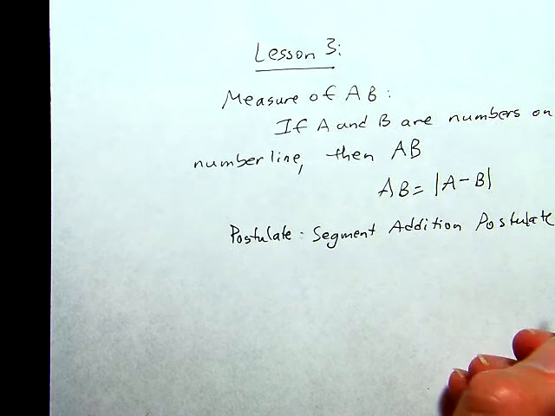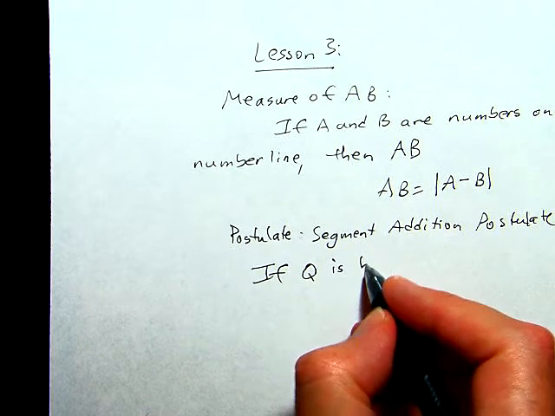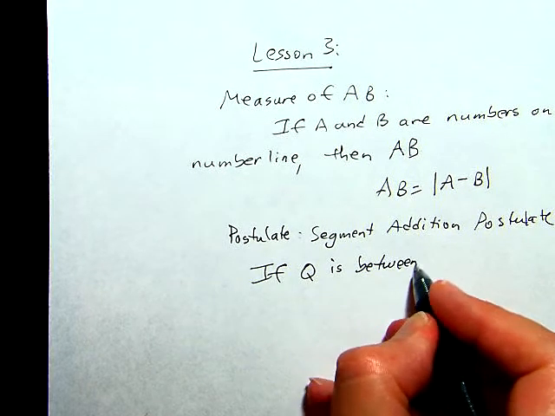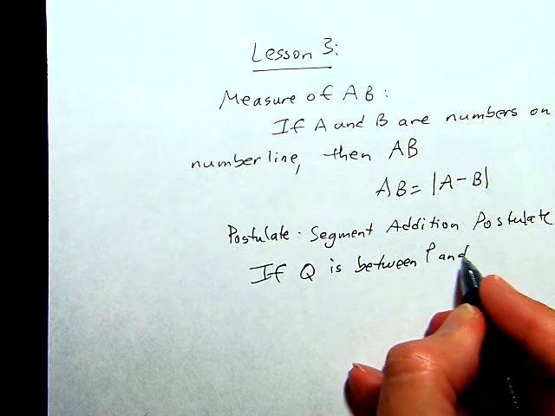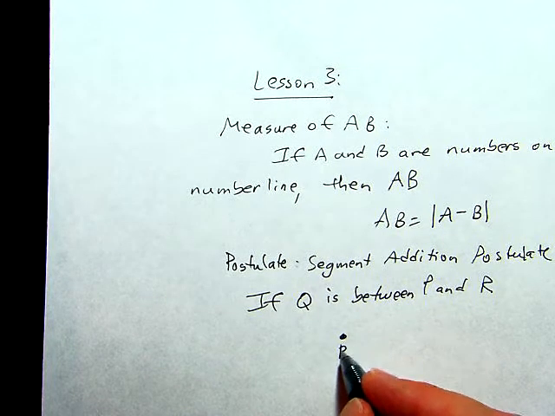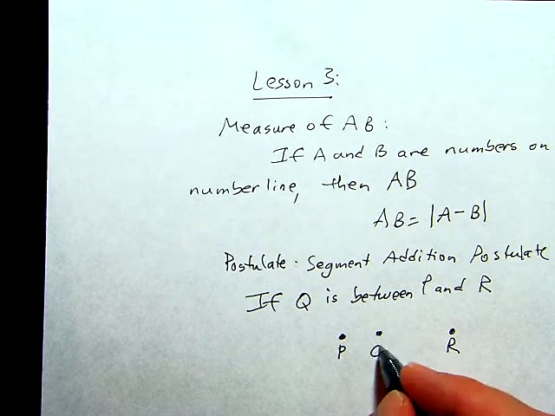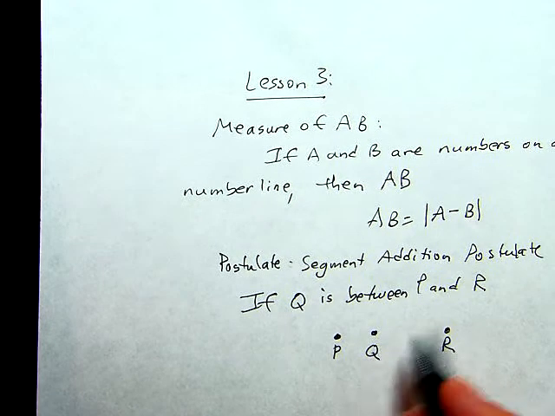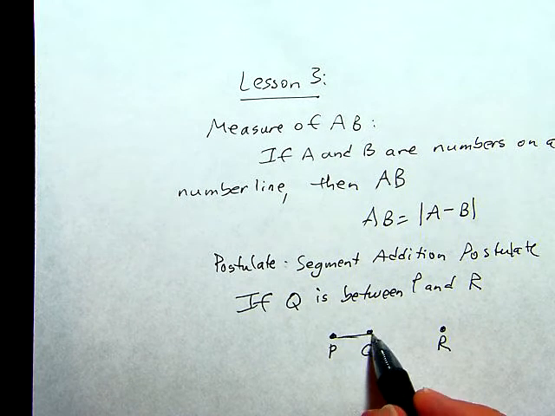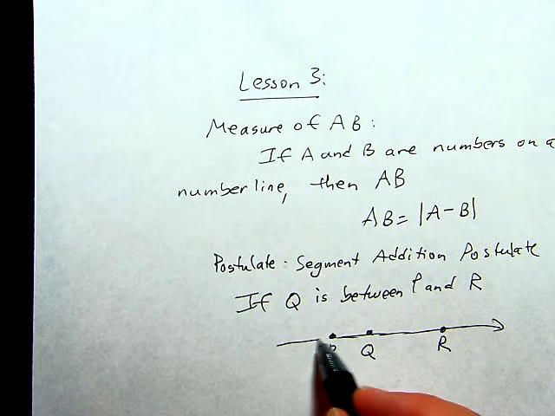Okay, which is that if Q is between P and R, let's draw that. Let's have a line segment where we've got P, we've got R, and then we've got a point Q between them. When we say between, we mean that all of these 3 points are collinear.